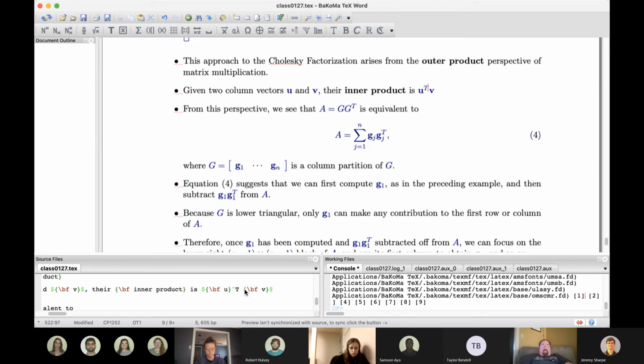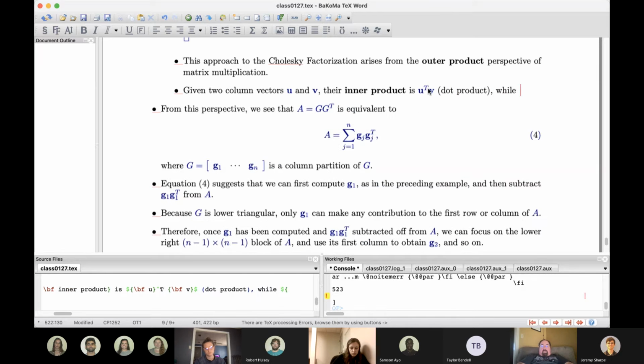So the inner product is u transpose v, and you can remember that because the transpose is on the inside. There's a dot product. In this case, u and v have to have the same length. And the dot product, inner product, is just a number.